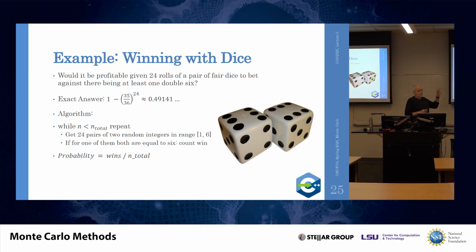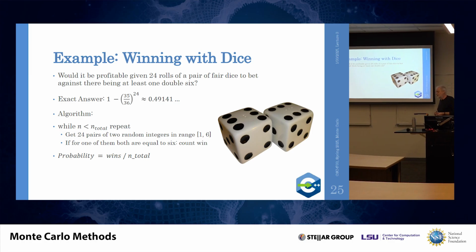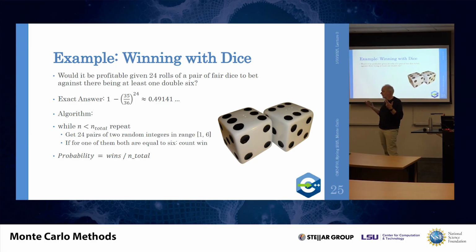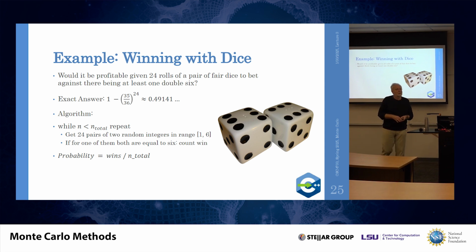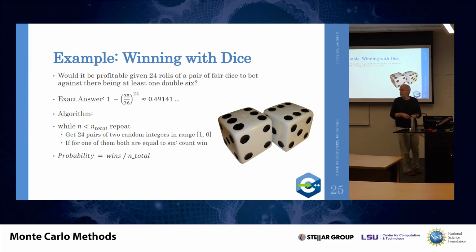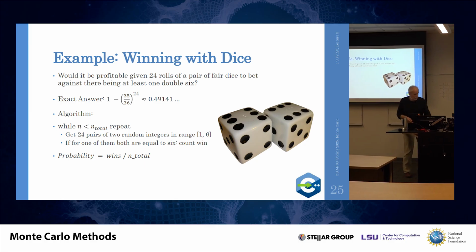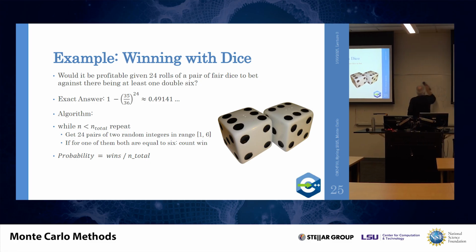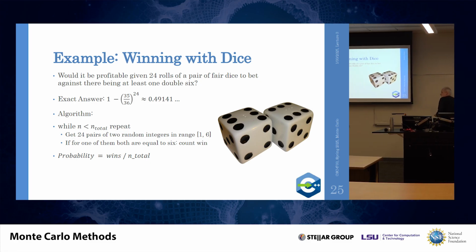Now, in order to compute that, let me give you a hint that it's easier to compute the probability of not getting 2 6s than to compute the probability of getting 2 6s. So let's compute the probability of not getting 2 6s. What's the probability in one throw not to get 2 6s? 1 minus 1 over 36, so 35 over 36. So what's the probability of not getting 2 6s in 2 throws?